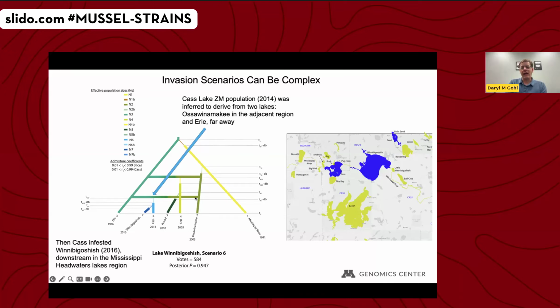And so that's an important caveat to keep in mind when we talk through these scenarios: our ability to assign the source populations is only as good as our database of those potential source populations.